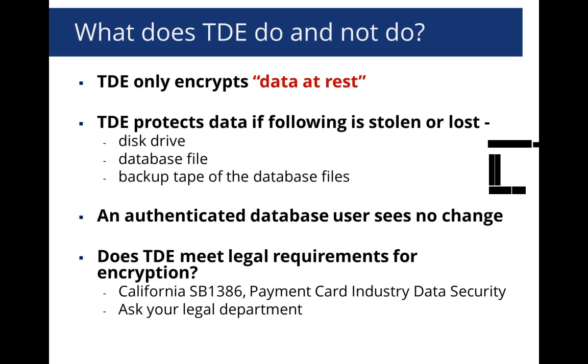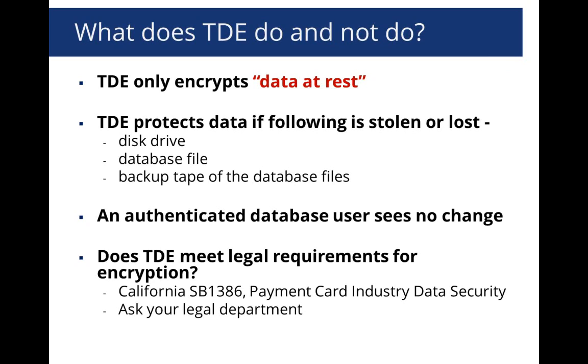Unfortunately, remember, Oracle TDE is a disk encryption solution, so it's only data at rest. It's protecting you if you lose a disk drive, a database file, a backup file. But once you're an authenticated user and you have rights to see that information in the database, you basically have full access to it.